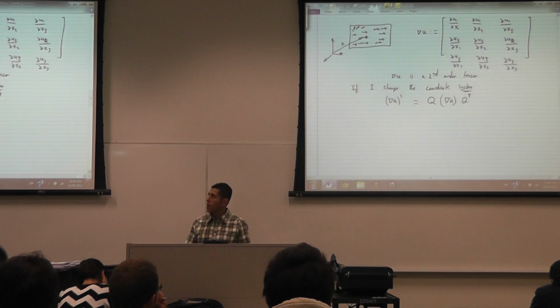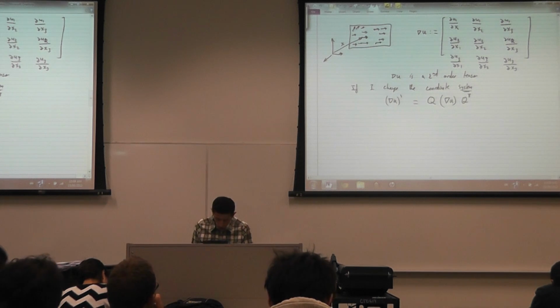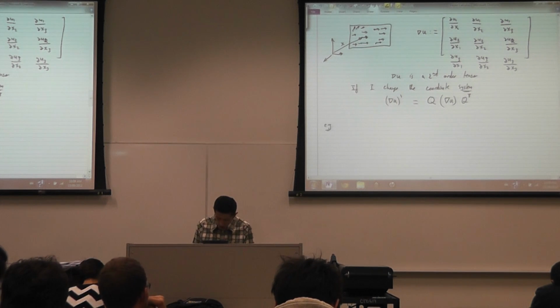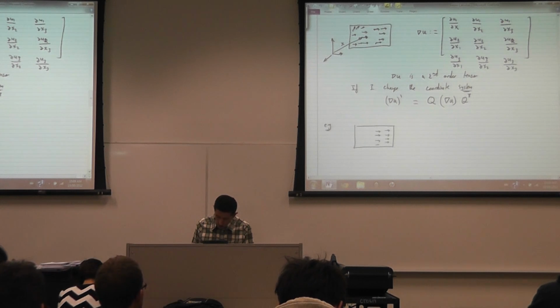So, just an example, let's say my vector field represents the horizontal displacement of an object.